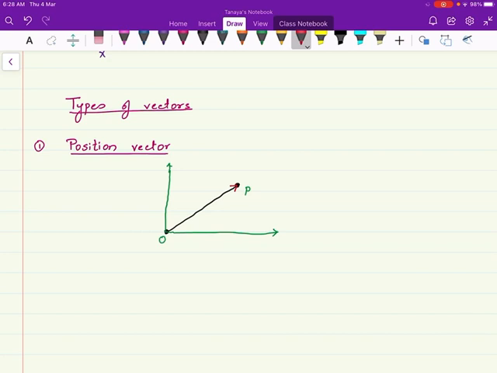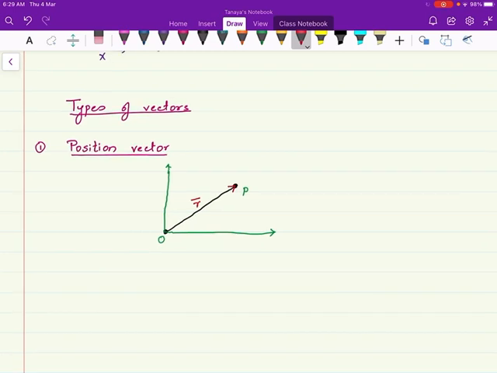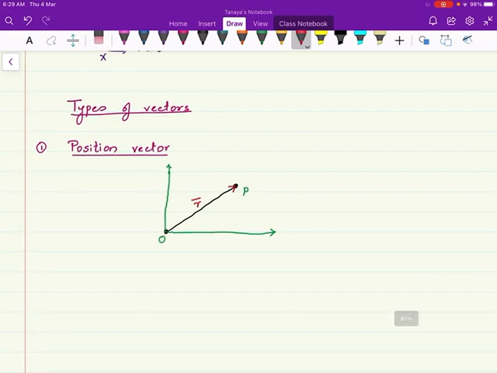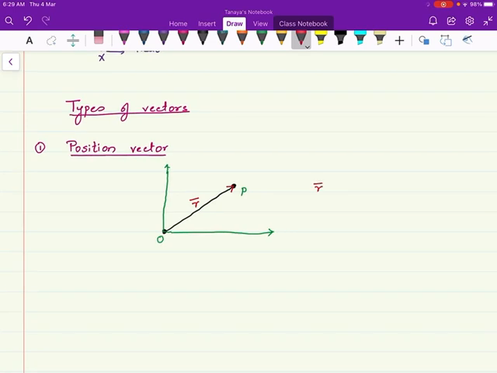Position vector always shows the movement of the particle. Particle was initially at O, now it is at P. And I will write it as R bar. Normally position vector is denoted by R bar. Now the position vector of point P with respect to the origin is R bar equal to OP bar.